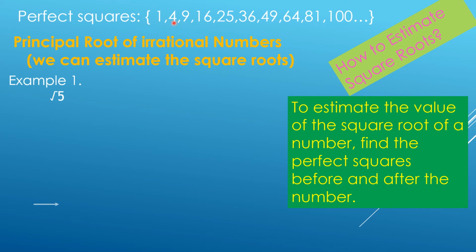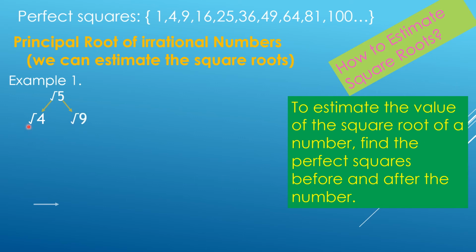And what is the square root of 4? Which means that we can write it using the perfect squares here. Square root of 5 is between square root of 4 and square root of 9. Okay?